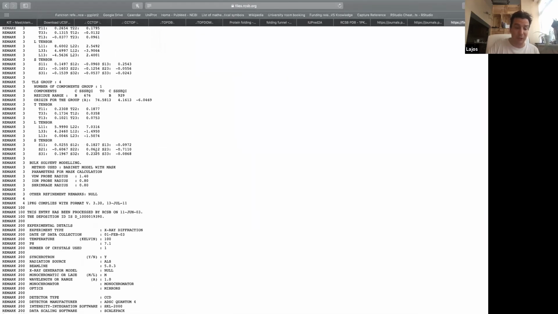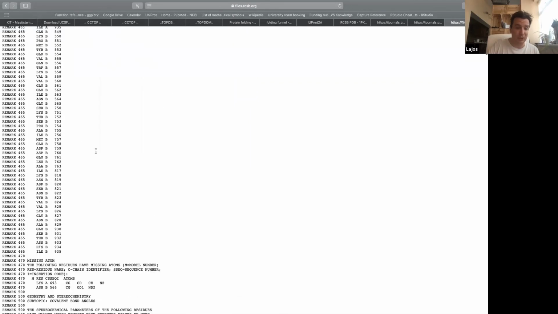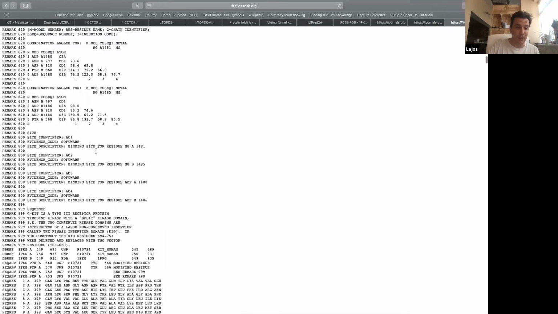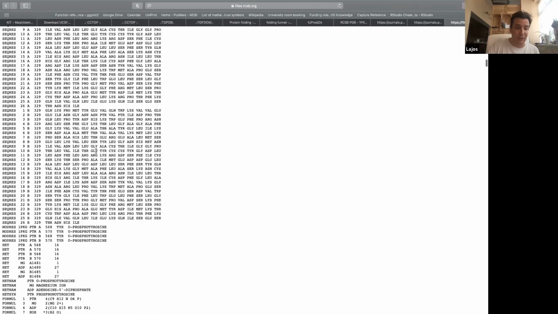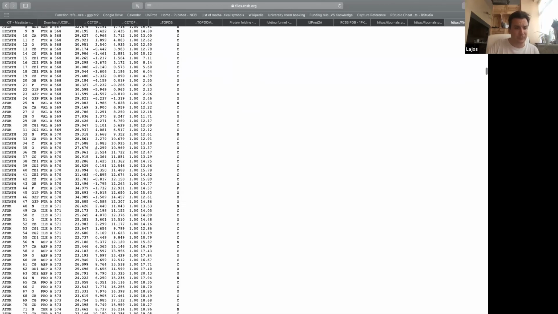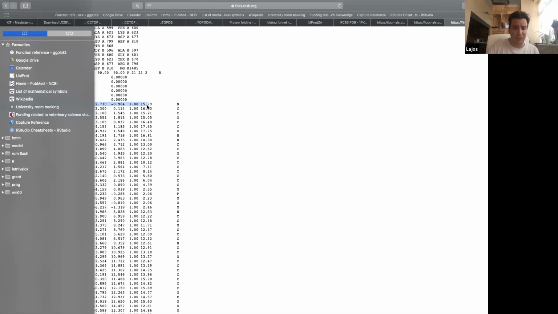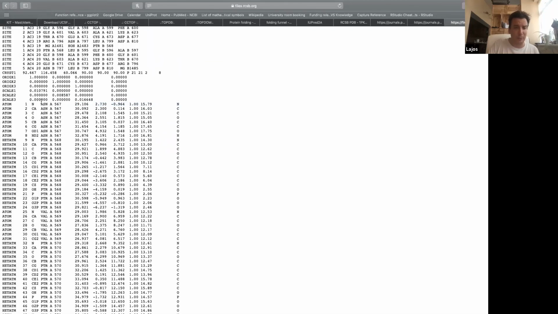But what I actually use is all the atom coordinates, which start at this point. Each line is defining one atom. The first one has the serial number 1. So this is the first atom, which is a nitrogen, sitting in an asparagine.